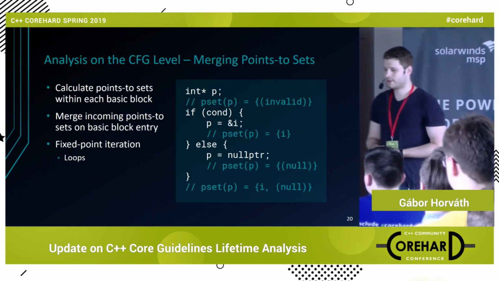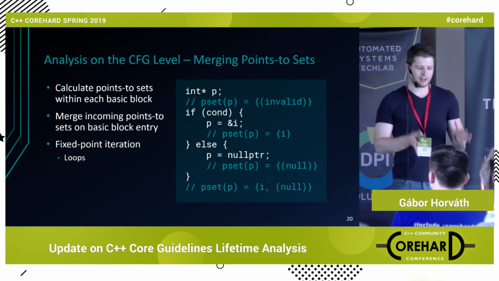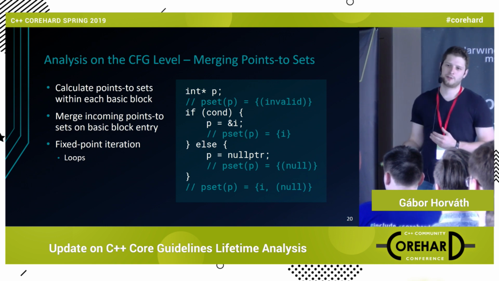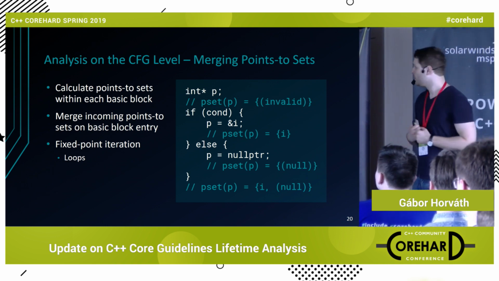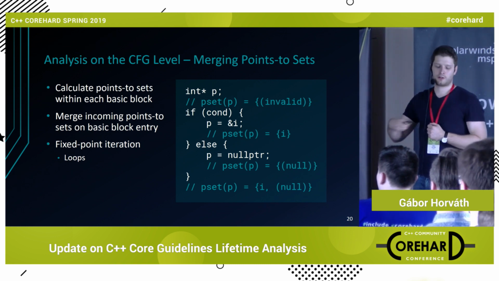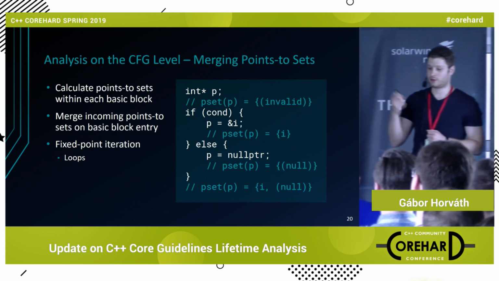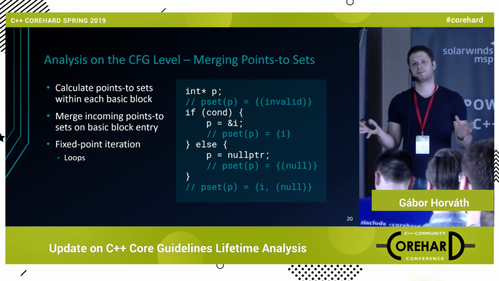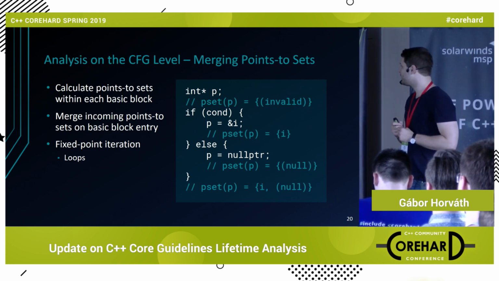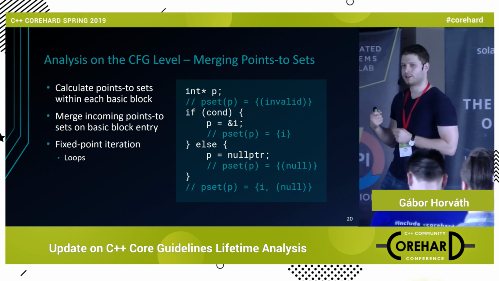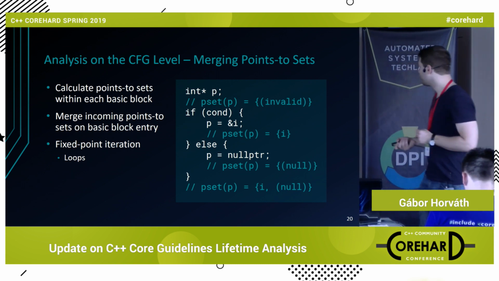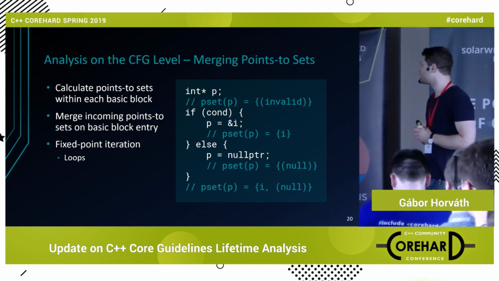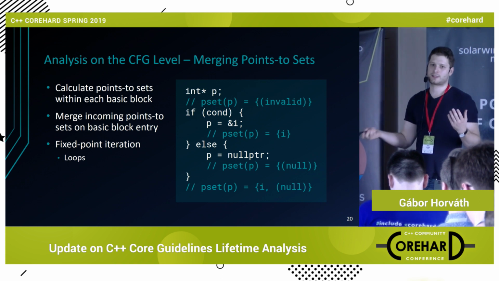So let's see what happens when we actually have multiple basic blocks. So in this case we do not only have sequentially executed code, but we have control flow. So we will calculate these points-to sets that I showed you earlier for each of the basic blocks, and then we need to do something with the edges. And in case there is a merging point in the control flow graph, for example, after executing the if statement in this code, we need to merge both the then and the else branch.